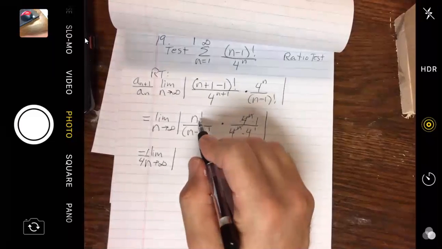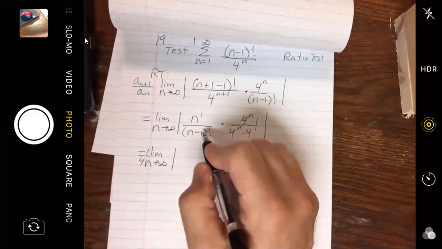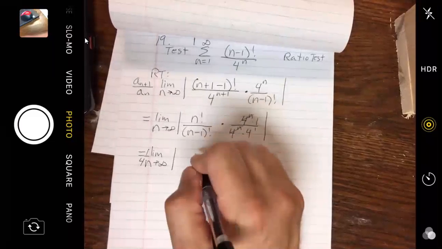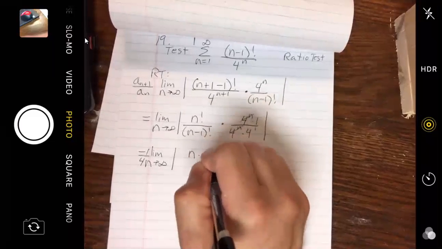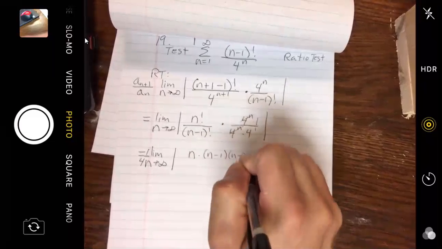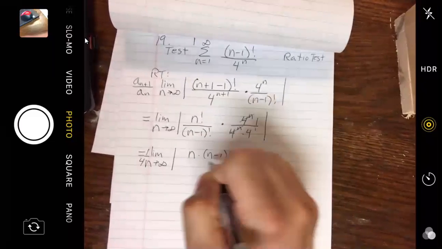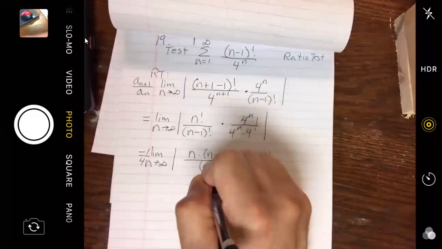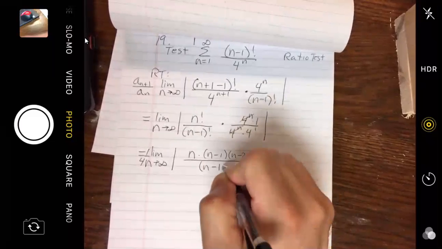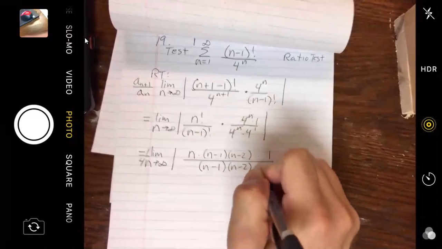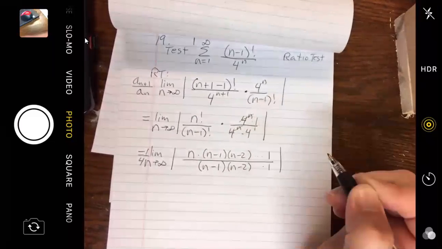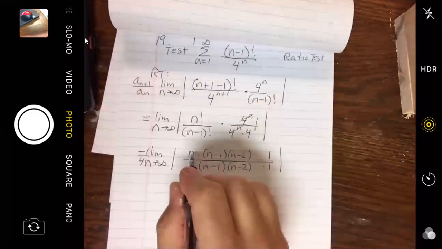This is why they had you simplify factorials back in 9.1. So I'm going to write out n factorial: n times n minus 1 times n minus 2 down to 1. On the bottom, I start with n minus 1, n minus 2, back to 1. And you see I wind up with just n.